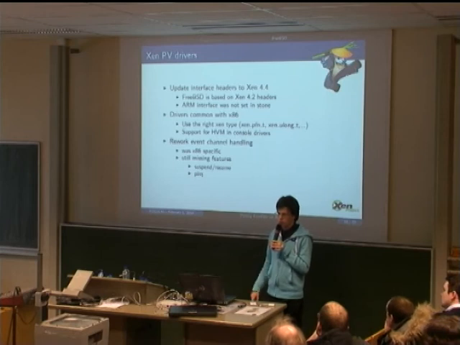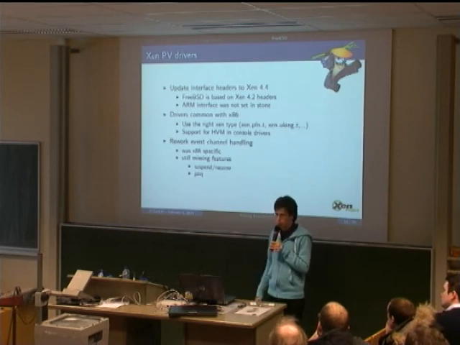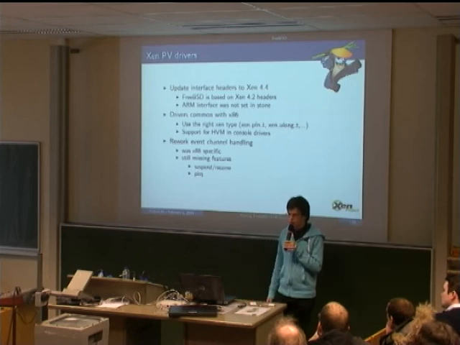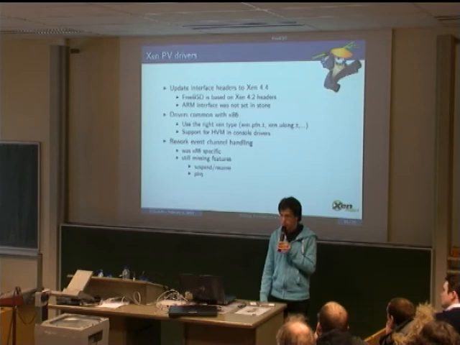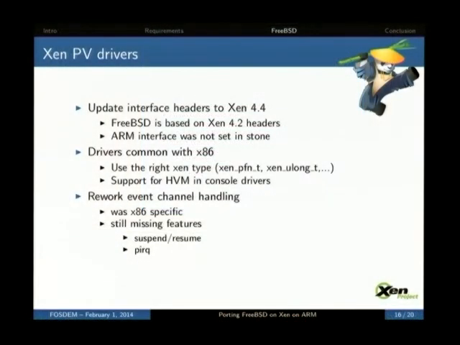The current support for HVM console only supports PV console, so I've added a few things for that. The last big change in FreeBSD was the event channel. The event channel was x86 specific, which means that the code was using only x86 functions.